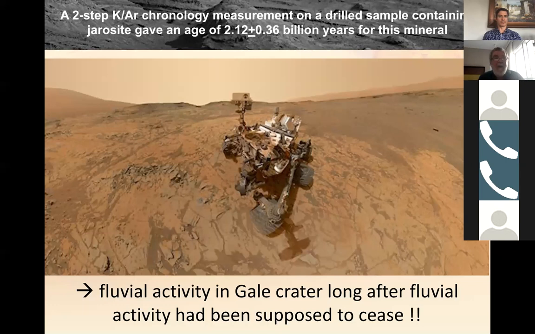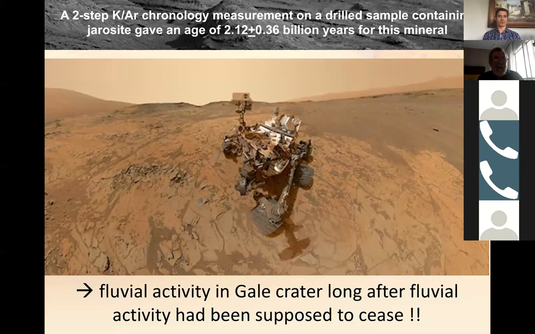We dated another rock by basically developing a specialized experiment in a mineral that we know was formed by liquid water. It was jarosite. And we found the age of that rock was only a little bit over 2 billion years old. So that means even though the lake might have formed closer to 4 billion, and it might have persisted for some millions of years, and then the lake dried out.